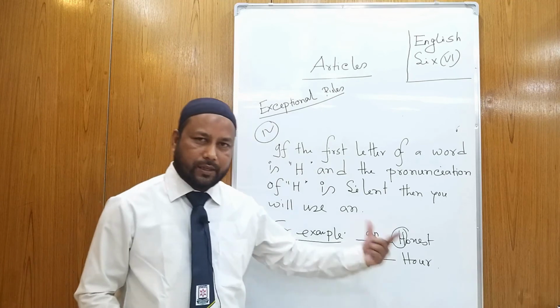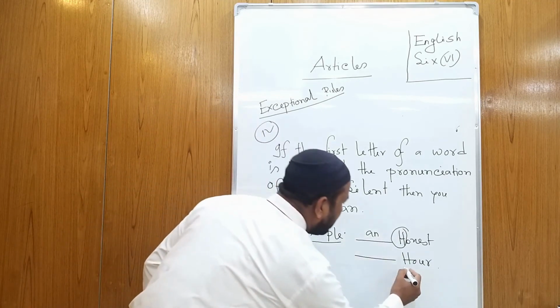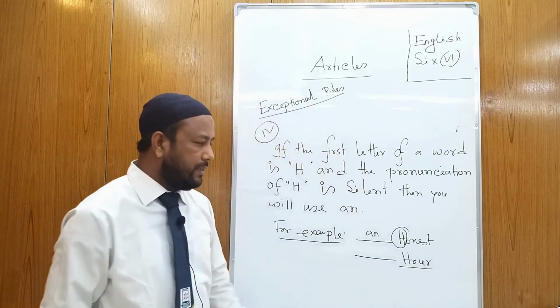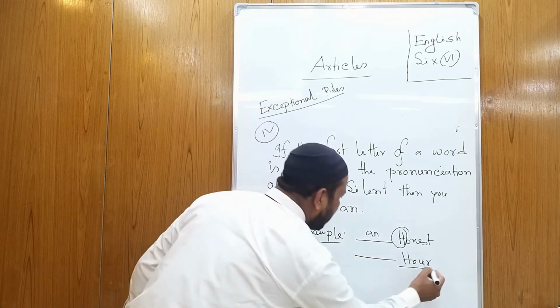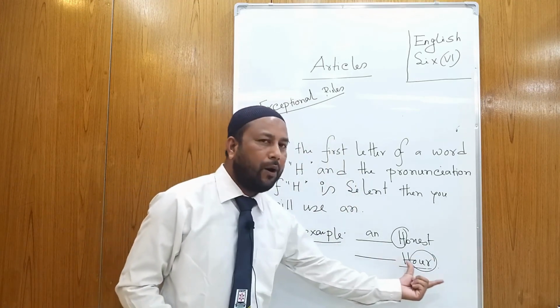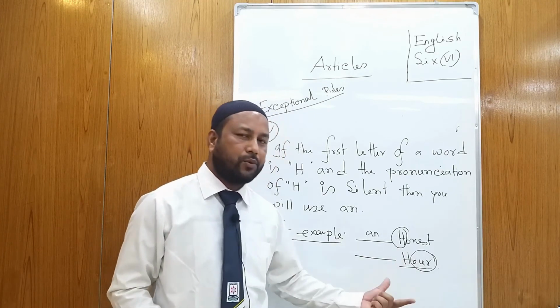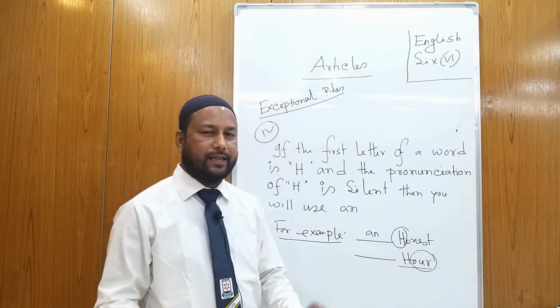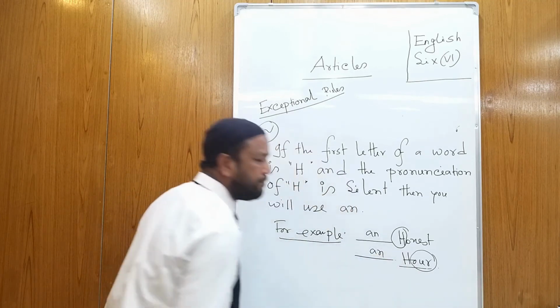I hope it is clear to you after this example. Here is a word. Is it "hour" or "our"? I think you all know it. It is "our". We write hour, but we cannot pronounce the H. That's why the H here is silent, and that's why we have to use "an" here.